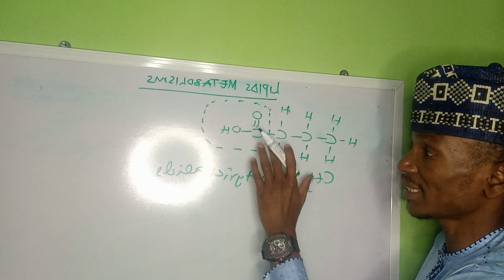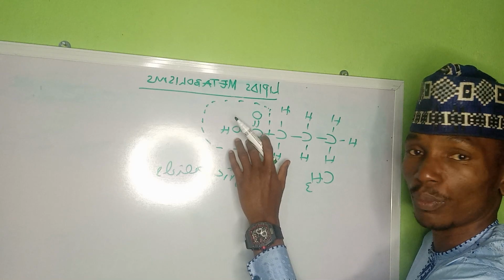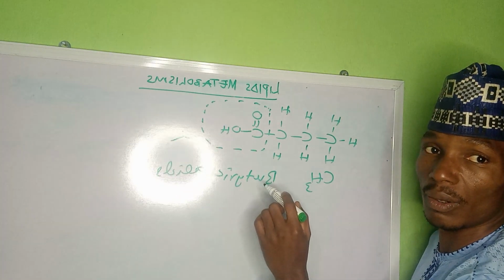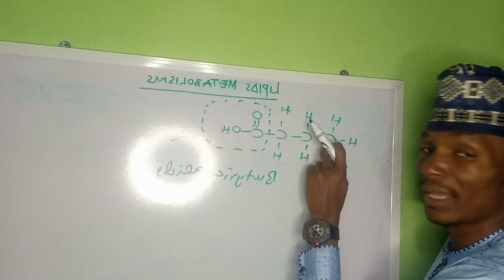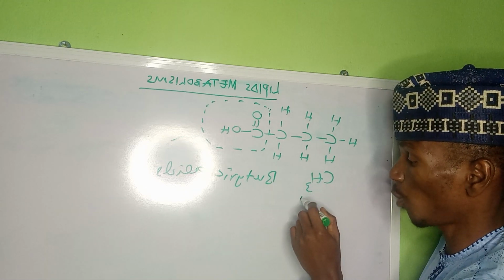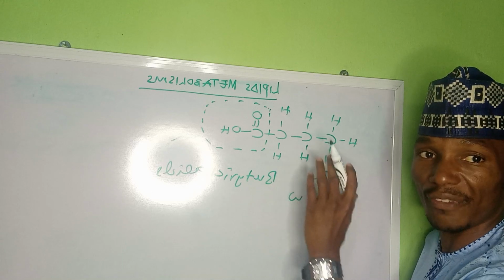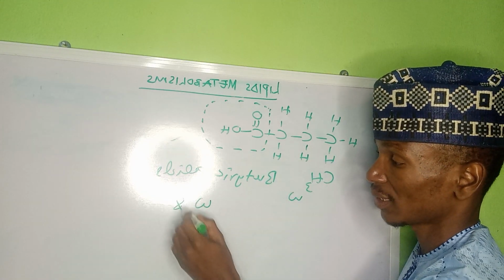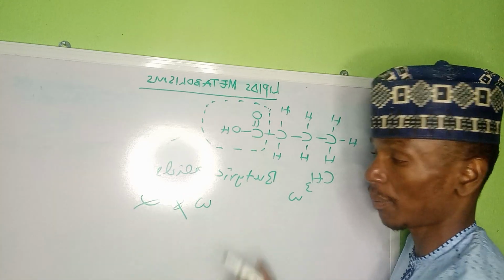Now, in this fatty acid, the carboxylic functional group carbon is called the alpha carbon, while the methyl group is the omega carbon. So a fatty acid consists of the omega and the alpha carbon.